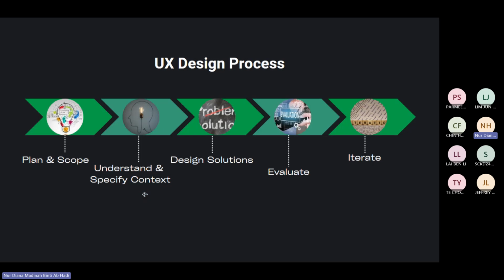Once you design, only then can you evaluate whether it is correct or not. Once you evaluate, you need to iterate the process until we find a good or the best way to solve the problems. Once you solve your problems, you can implement and do some project management.